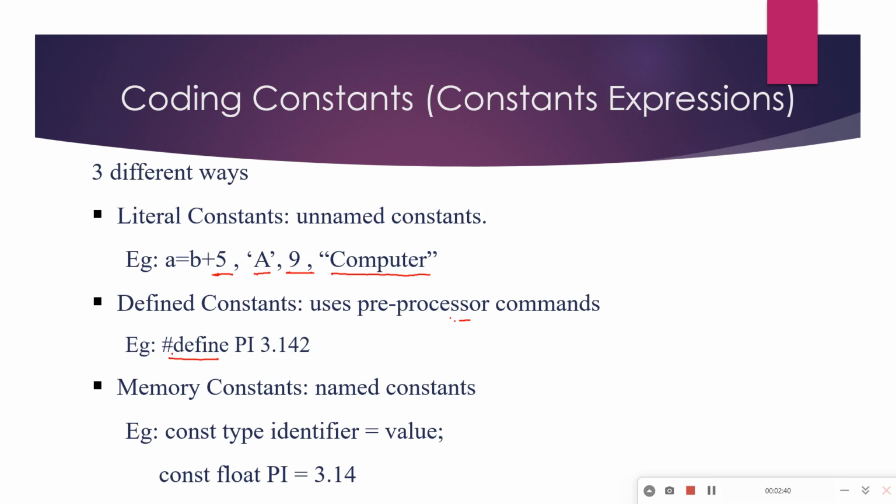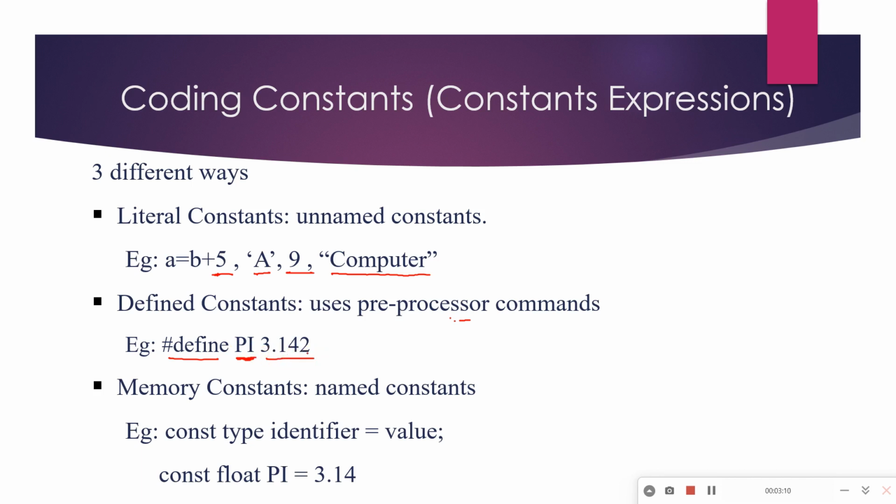If I write define, then pi as a name, and along with that I've assigned some value to pi, that is 3.142. We have a space here. Okay, define pi 3.142. So in the program, wherever it finds pi, it is replaced by the value 3.142.